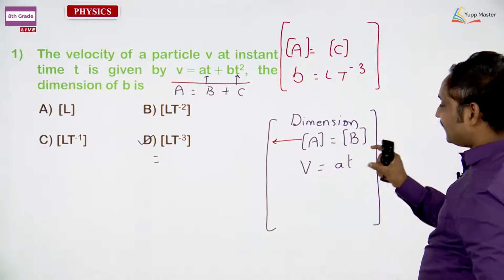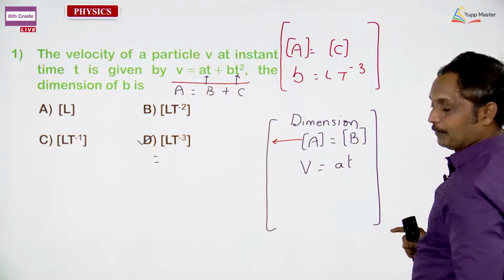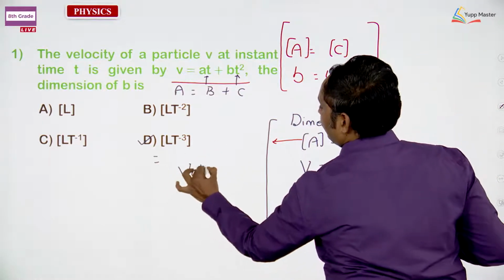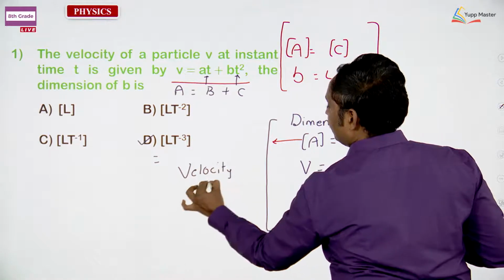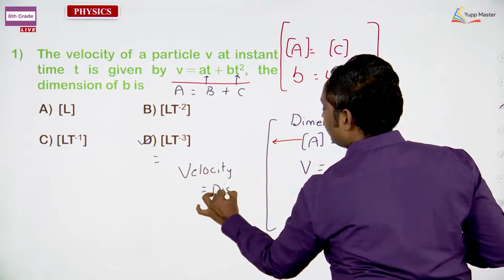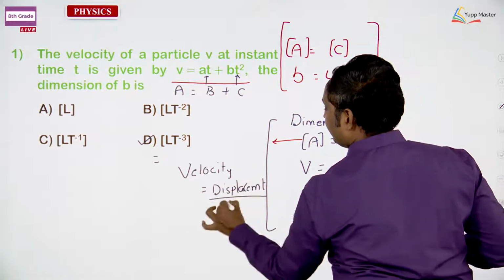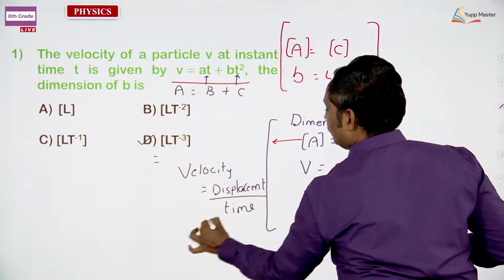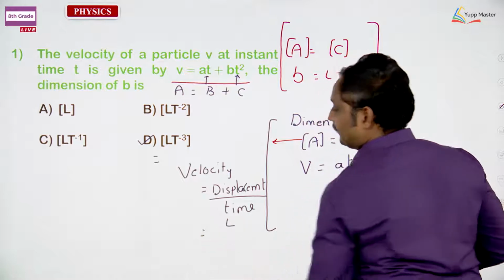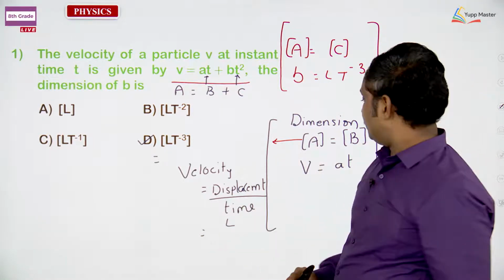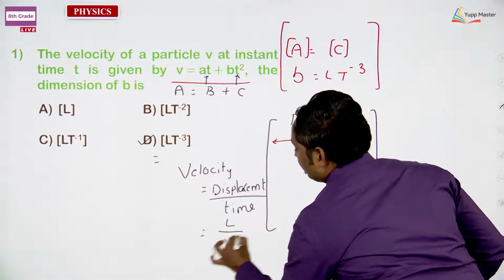We represent it in terms of the dimensional formula: velocity is equal to displacement by time. Easily we can write displacement, which is represented with the base quantity L, and time.